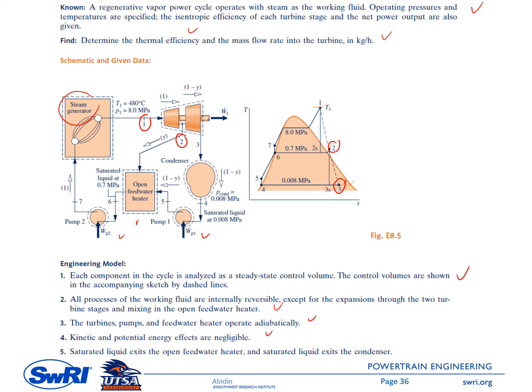We can ignore the effect of kinetic and potential energy. Saturated liquid exits the open feed water heater, and saturated liquid also exits the condenser. You can see here 4 and 6 are at the dome line, so they are at saturated liquid condition.